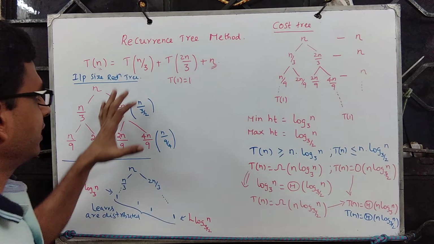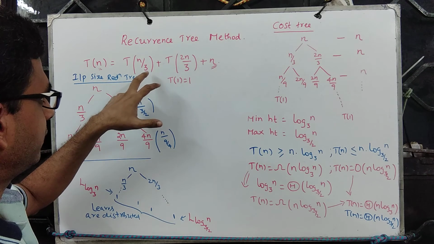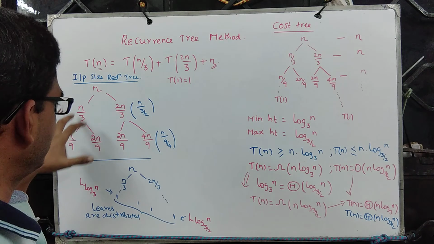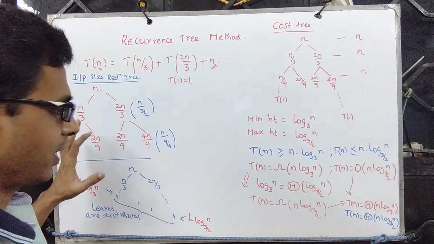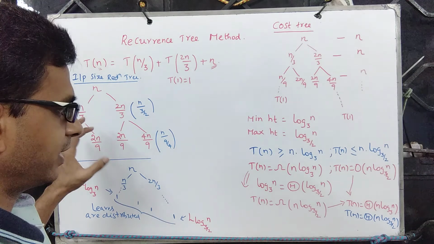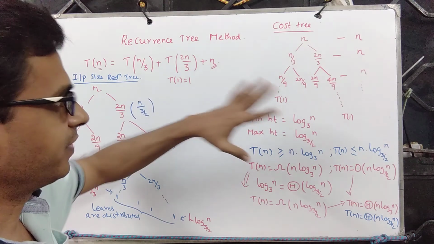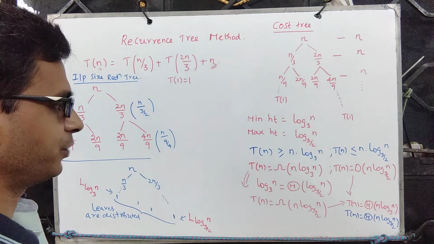And quite interesting that a problem of size n is divided into two subproblems. One is of size n by 3, the other one is of size 2n by 3, and it is not even split. It is not like n by 2 everywhere and so on. One problem size is n by 3, another problem size is 2n by 3.